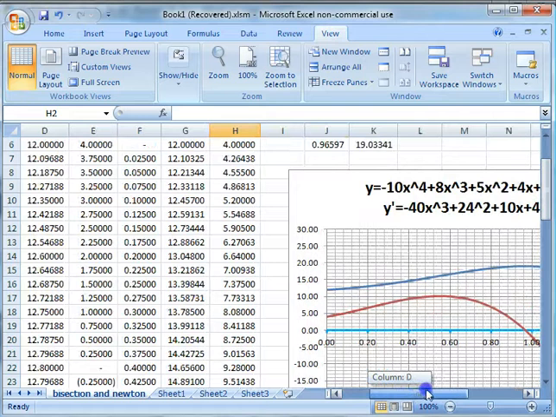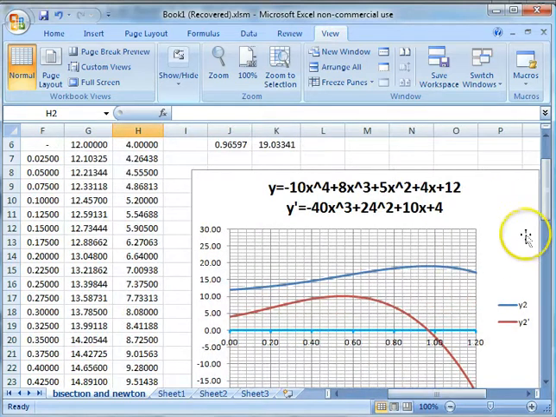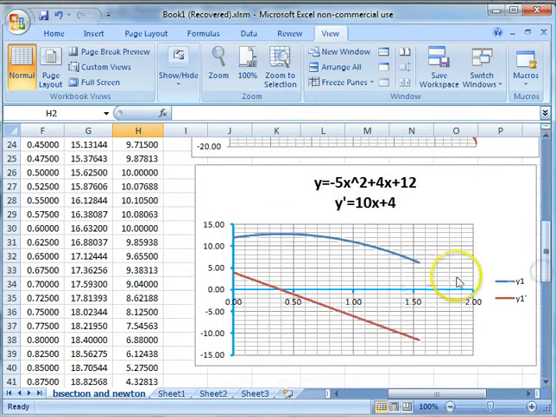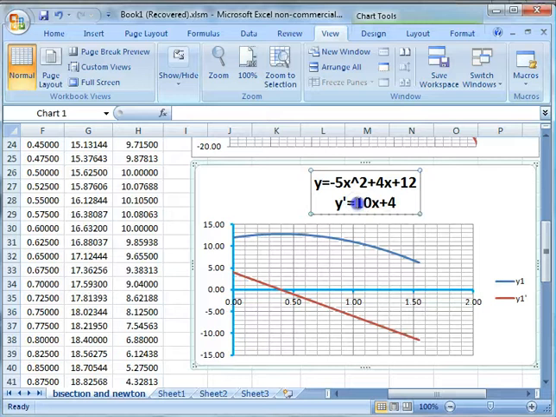And I have prepared this spreadsheet that contains a couple of graphs. In the case of the more simple function, if y is negative 5x squared plus 4x plus 12, then the derivative is, I have a typo here, negative 10x plus 4.